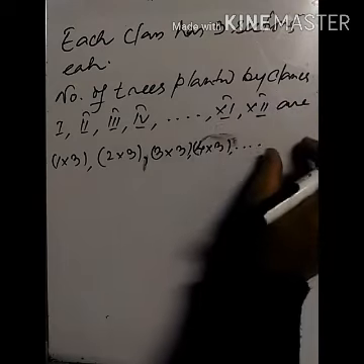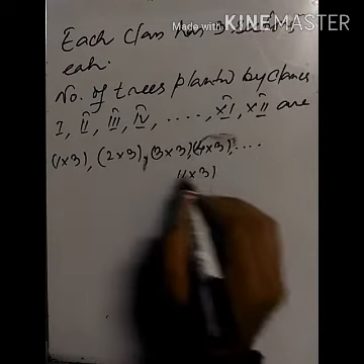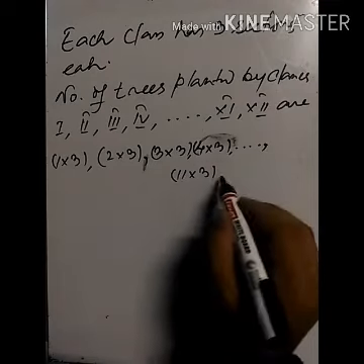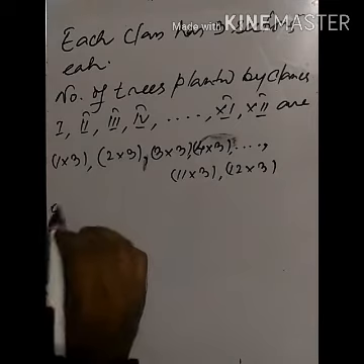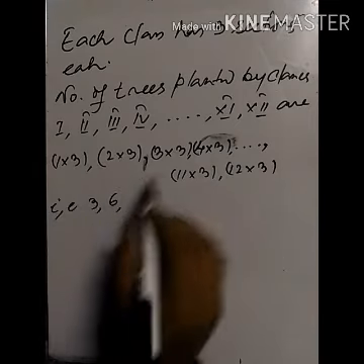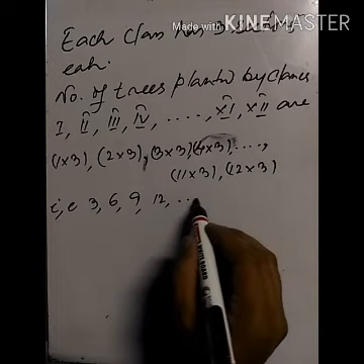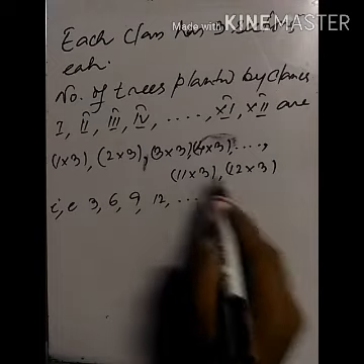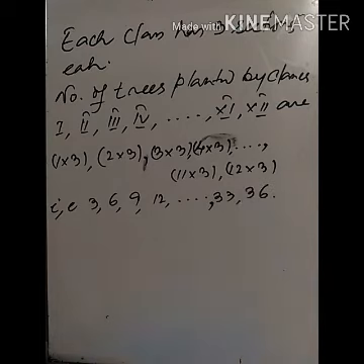And there is no space here, so let me just write 11 into 3, then 12 into 3. That is 1 into 3, 3; 2 into 3, 6; 3 into 3, 9; then 4 into 3, 12. So it just goes on, and 11 into 3, 33; 12 into 3, 36.